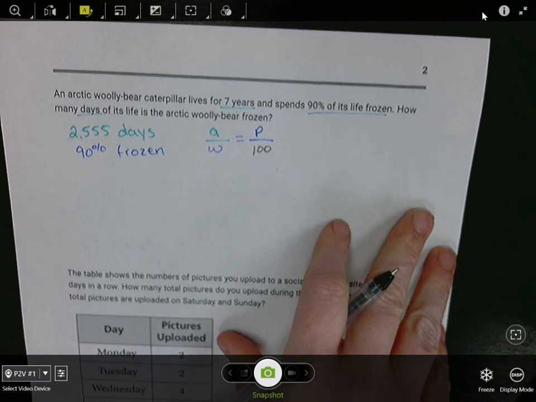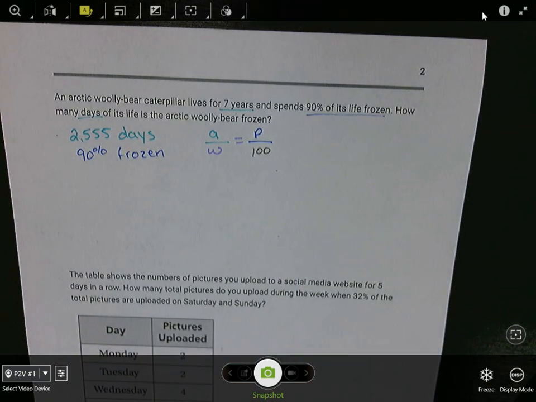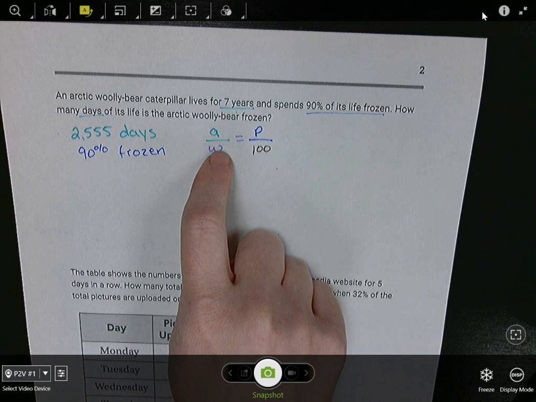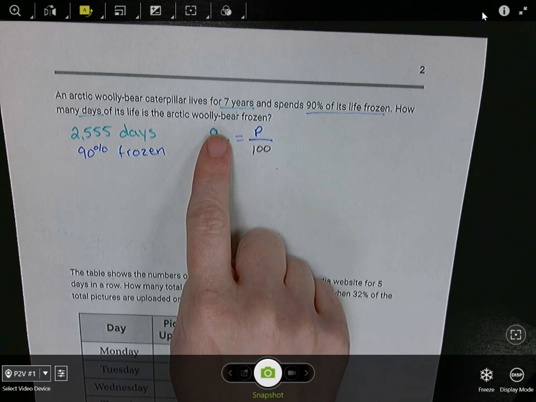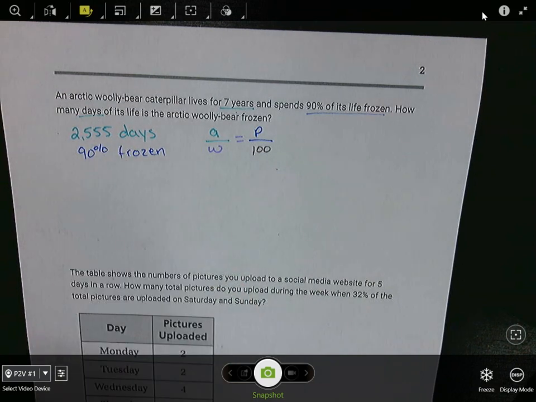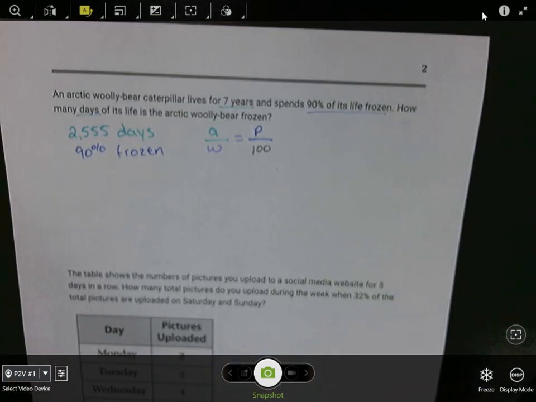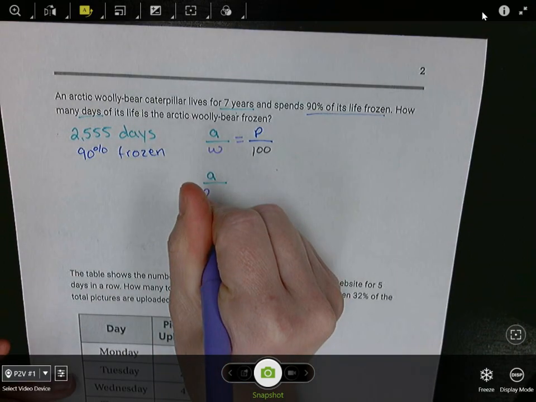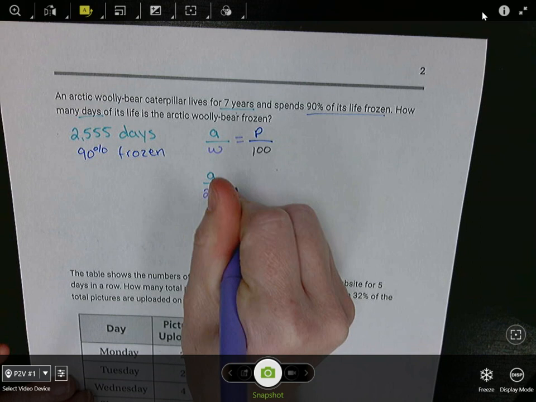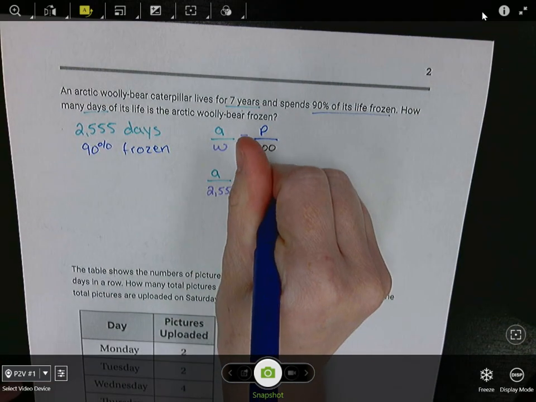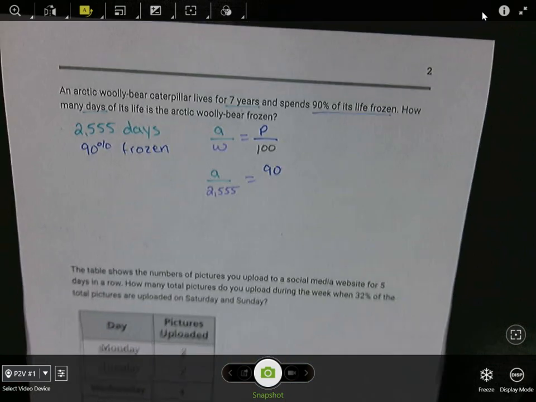Before we solve, we plug in. A is our part and W is our whole. We're trying to find the part, so we don't know A. 2,555 days is the total, so that goes in for W. Since I don't know what A is, I'm going to leave it as A. Our percent was 90, over 100.